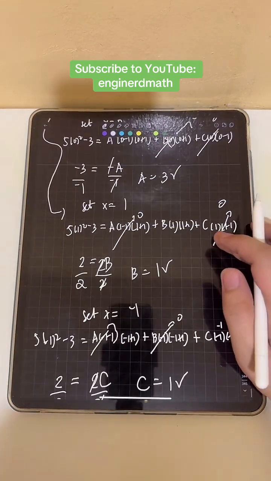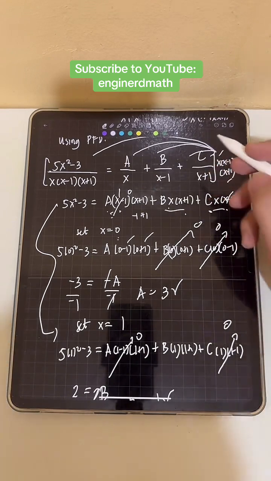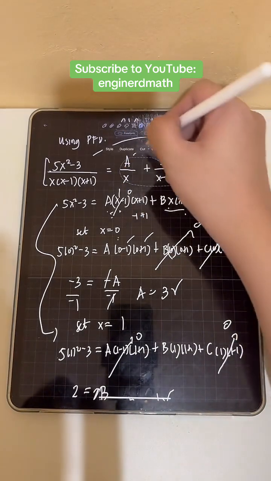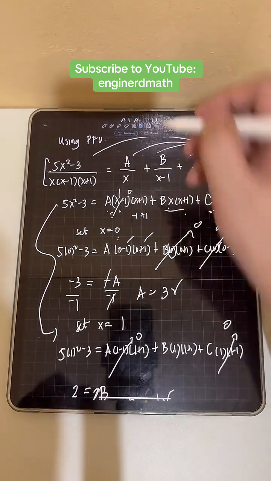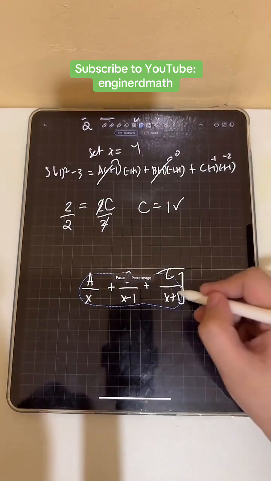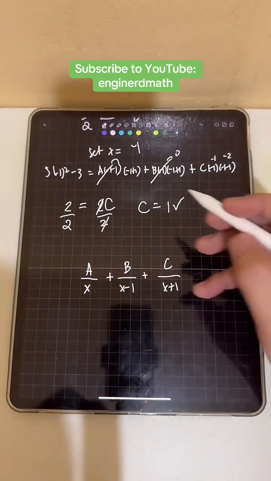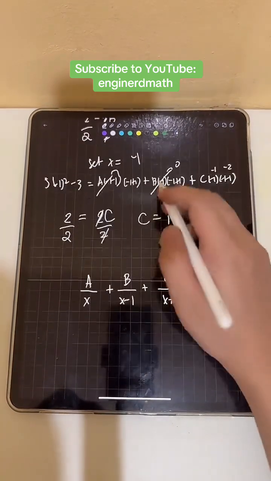So now that we have all the values of the unknowns a, b, and c, we can plug them into the sum of partial fractions. So copy the sum of partial fraction form. Then substitute the values of a, b, and c. So for a, we have positive 3.